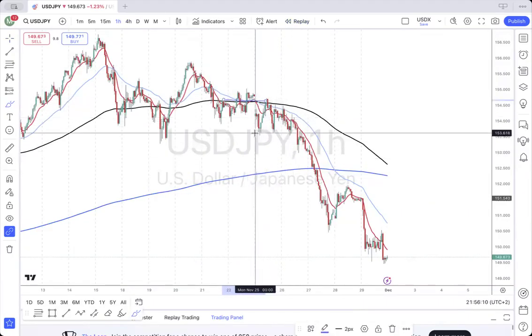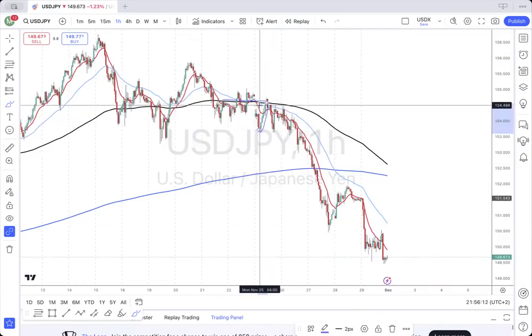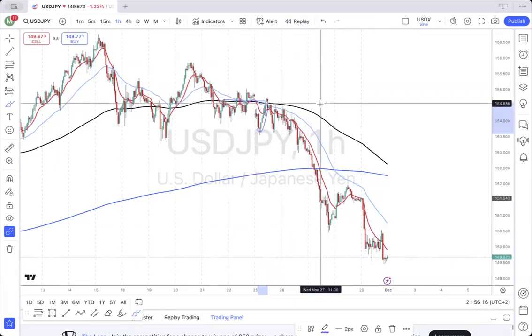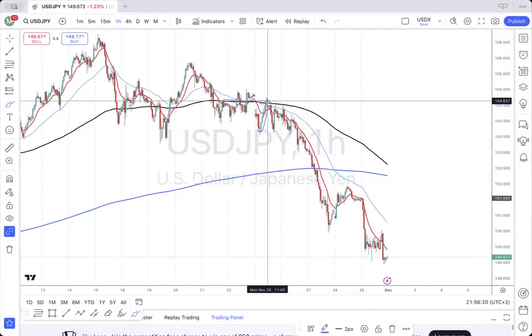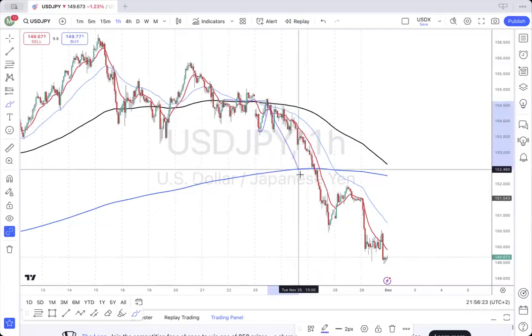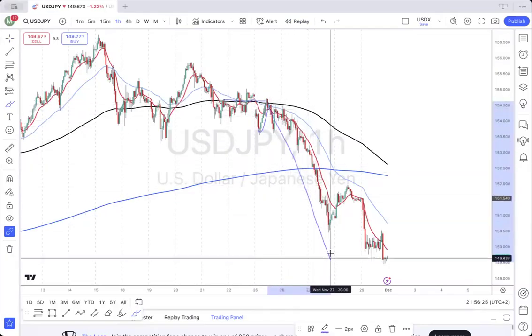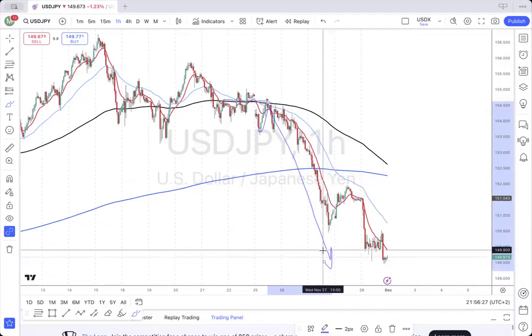And they opened with a gap. They came back because I had a stop loss at break even the previous week because I didn't want the market gap. They took me out, and guess what happened? All this happened. They went out.